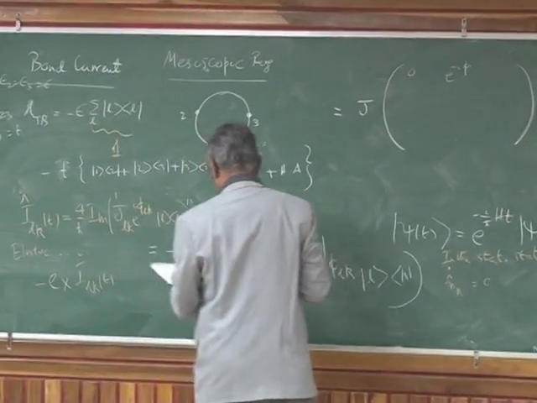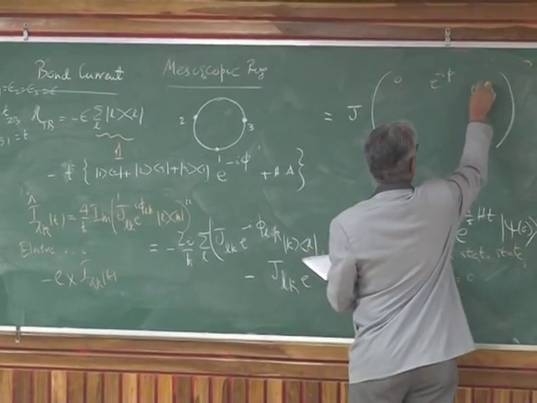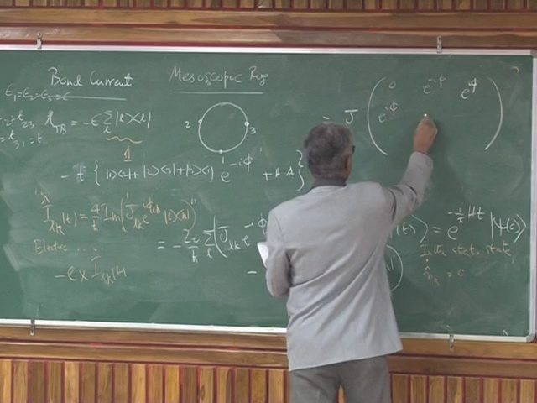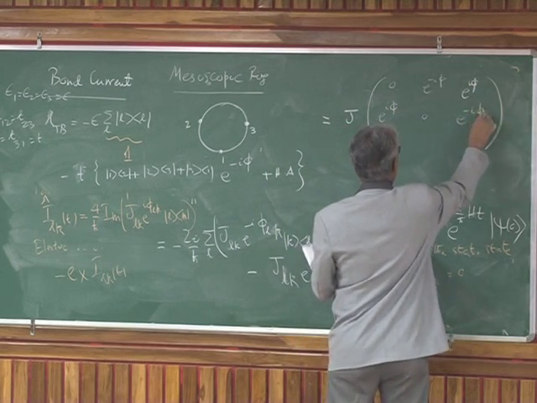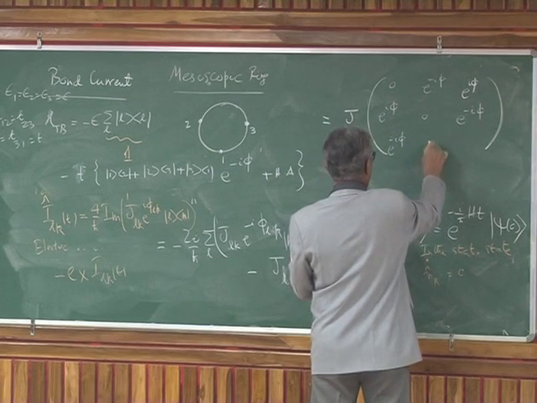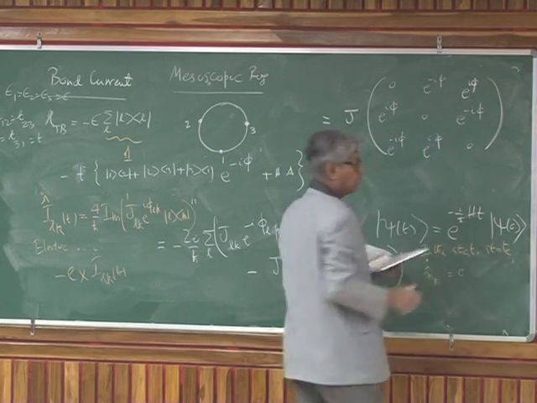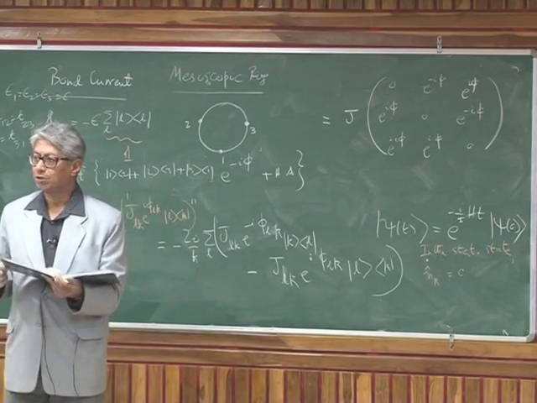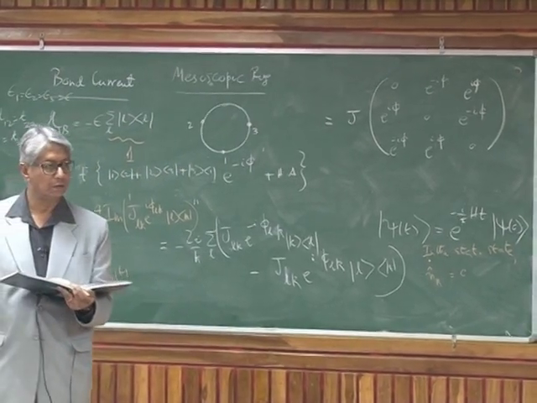I can redefine my zero of energy: 0, e to the iφ, e to the iφ; e to the power minus iφ, 0, e to the iφ; e to the power minus iφ, e to the power minus iφ, 0. So that's your 3 by 3 Hamiltonian matrix. Clear?